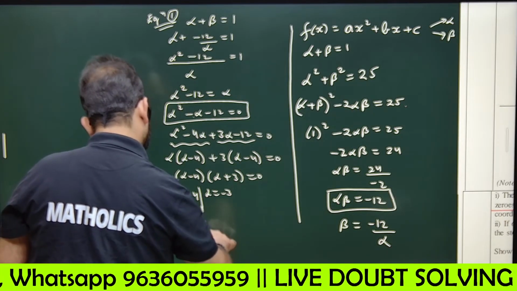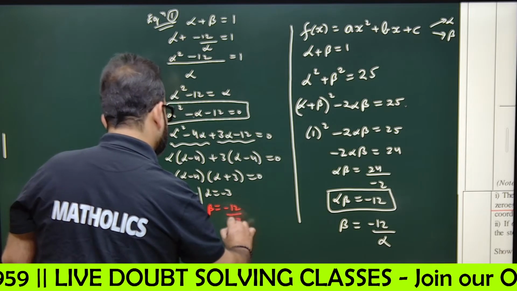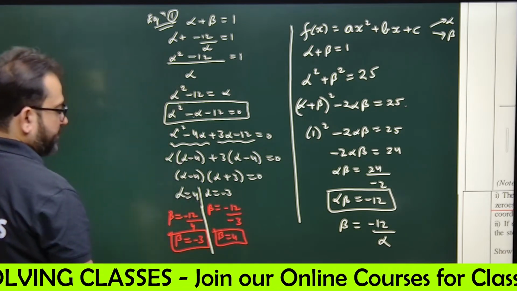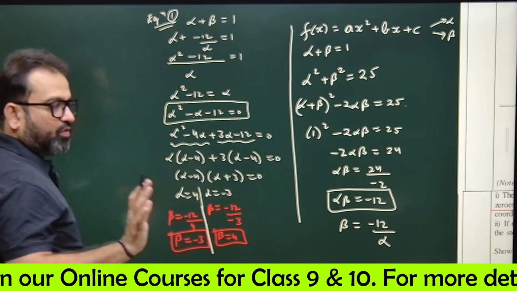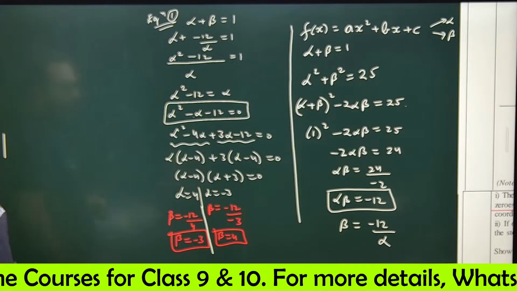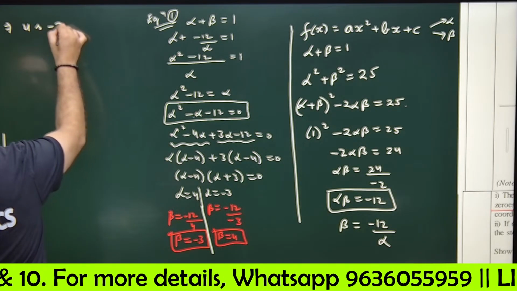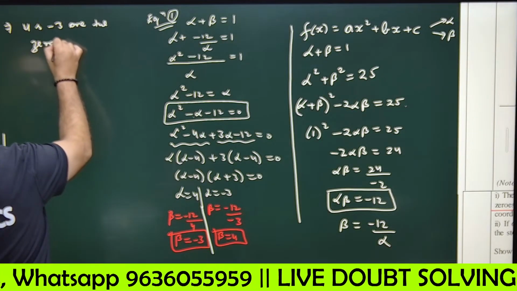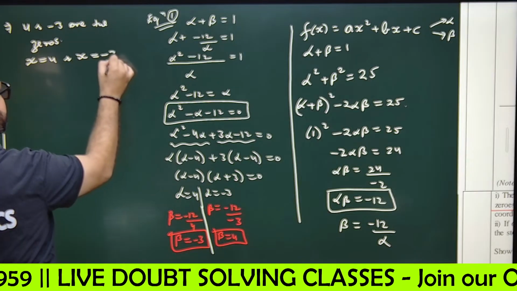And if alpha is minus 3, beta equals minus 12 by minus 3, so beta will be 4. Minus minus got cancelled. So the answer is 4 and minus 3, and minus 3 and 4. That means 4 and minus 3 are the zeros, that means x equals 4 and x equals minus 3.